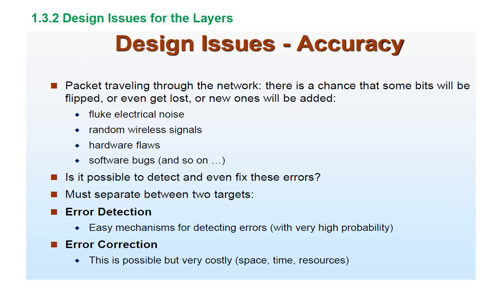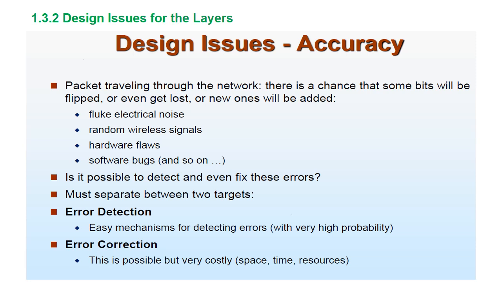When there are a lot of packets, some of them could have been flipped or lost. Noise could have been added, or some of the signals could have been lost. There could be hardware problems, or problems in the software itself. Like that, there could be many issues.